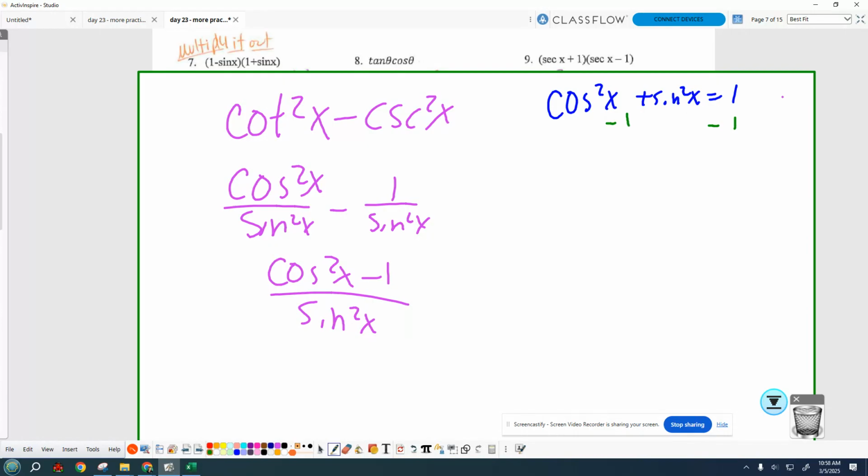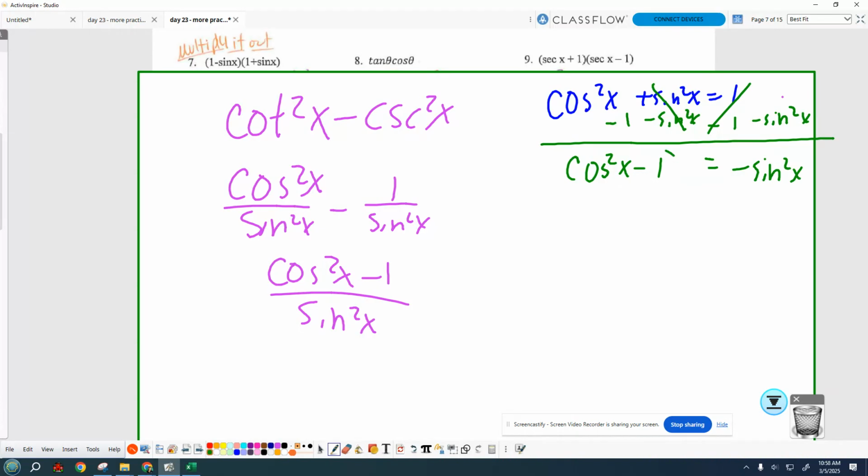It's just sine squared. Close. So subtracting sine squared on both sides, it disappears on the left and moves over to the right. Subtracting 1 on both sides, it disappears from the right and comes over here.